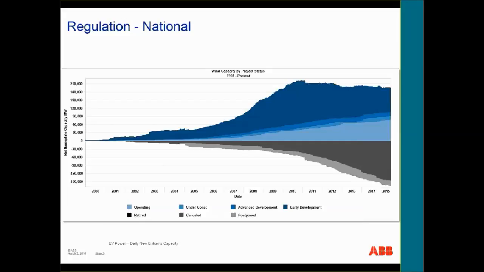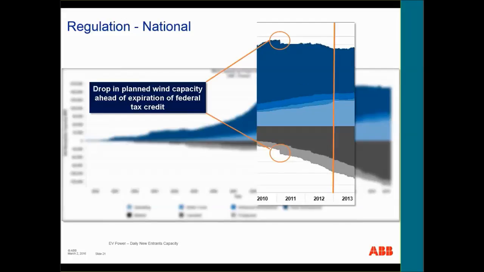The federal government also plays a large role in incentivizing build, so it's important to stay informed on what's happening at the federal level. Here's a good visualization of how plans can change with federal regulations. You see this is ahead of the expiration of the PTC in 2013.